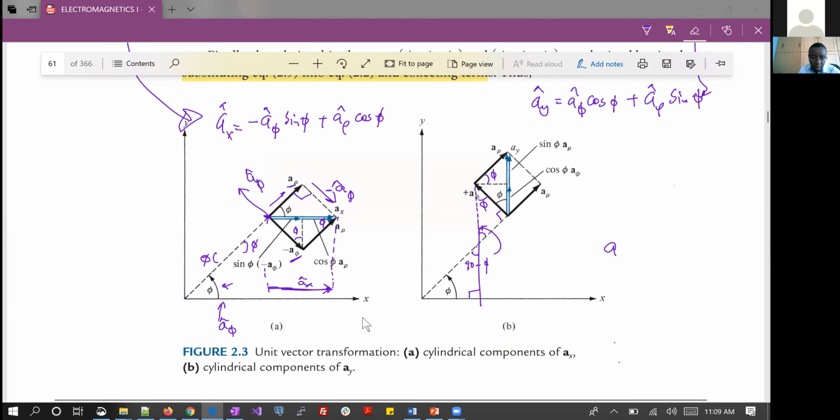And therefore, you can say that using the basic ideas of cos and sine, we want to find this distance from this point to this point, and that distance is going to be given by sine phi.